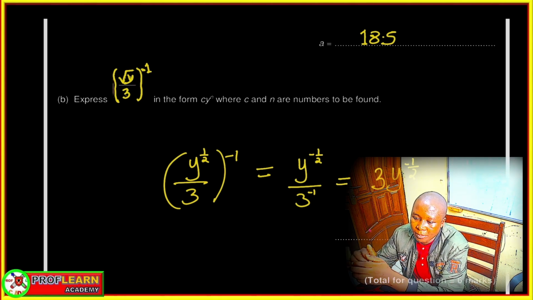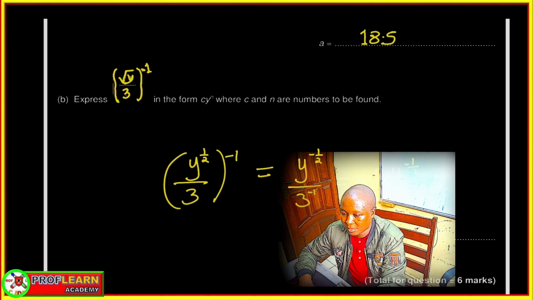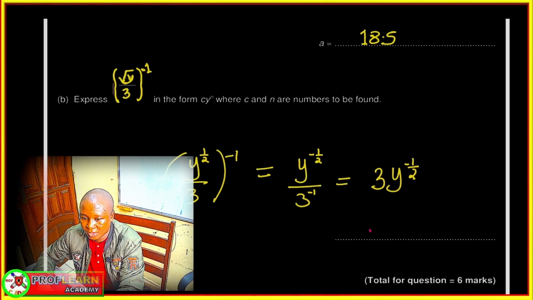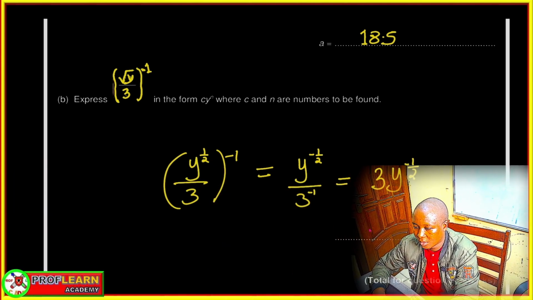The reciprocal will bring 3 up, and we shall have y raised to power minus a half, 3 raised to power negative 1. So 3 will come up, and we end up having 3y raised to power negative a half as the final answer, the way it has been shown here.